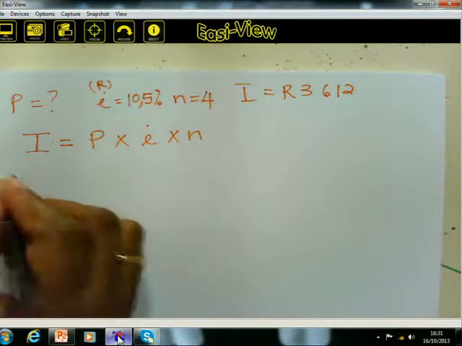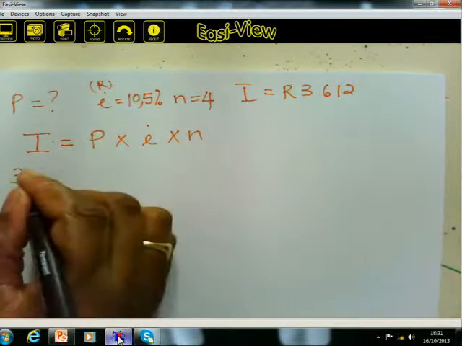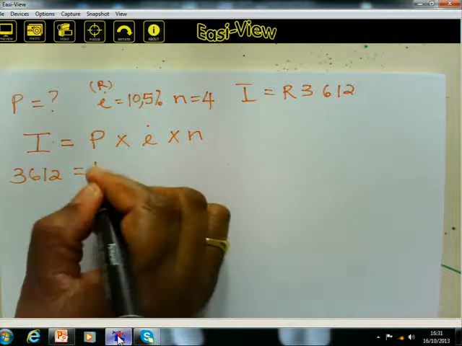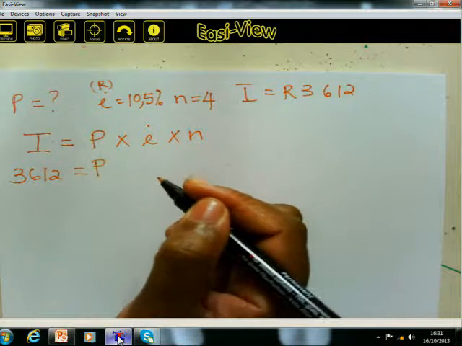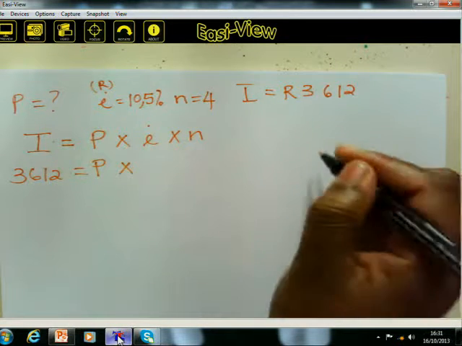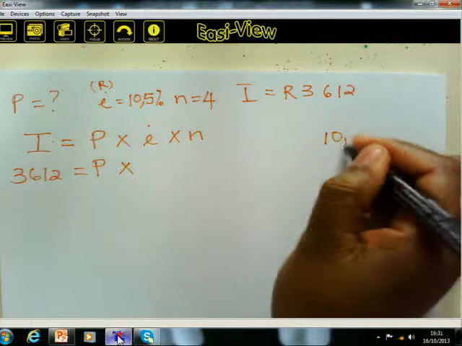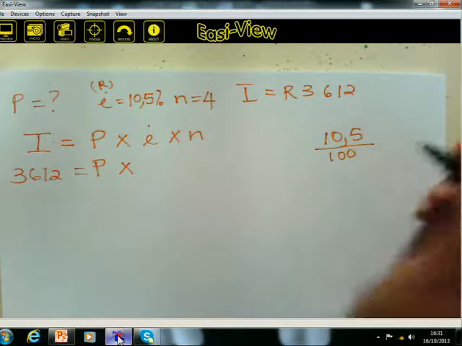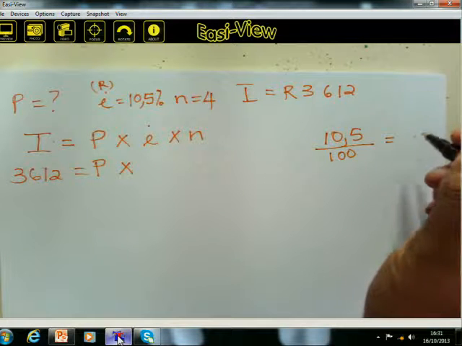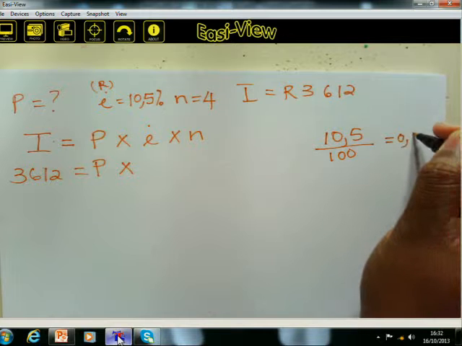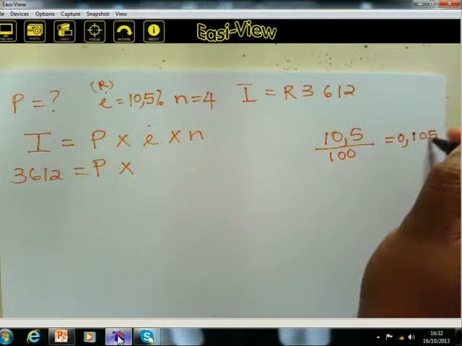So now interest, we have 3,612. Principal amount, we don't have a principal amount, so we leave it as P, multiplied by the interest rate, which is 10.5 over 100. 10.5 over 100 is going to give us 0.105.